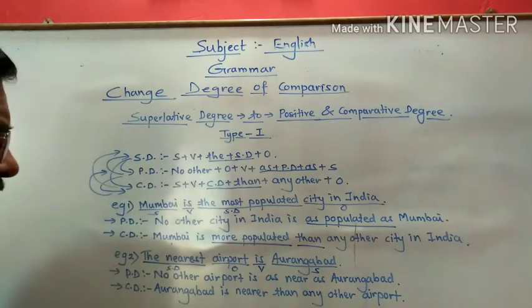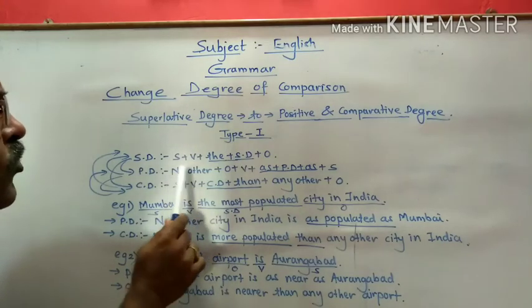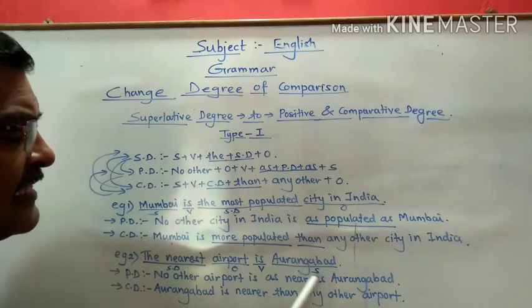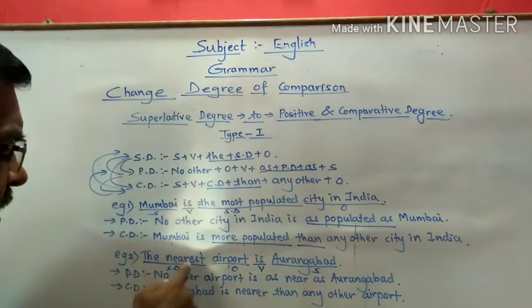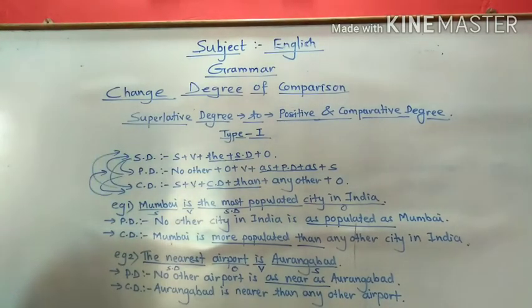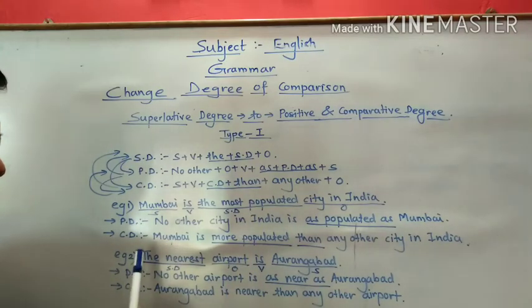So our sentence will begin with "No other airport is as near as". The nearest, the superlative degree, changes into the positive degree "as near as". And the subject is Aurangabad.